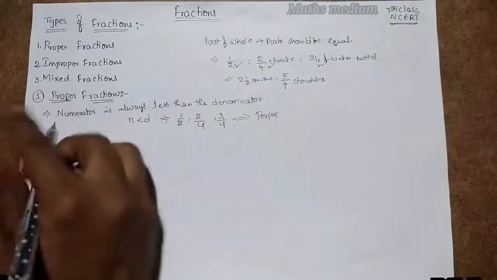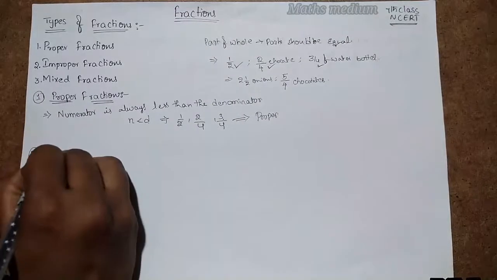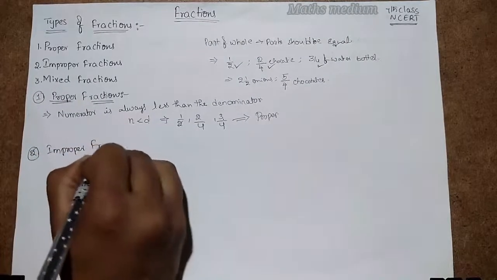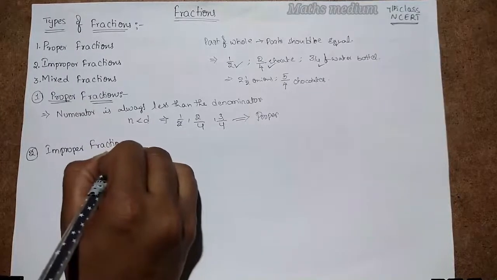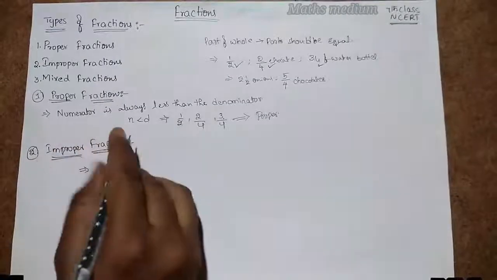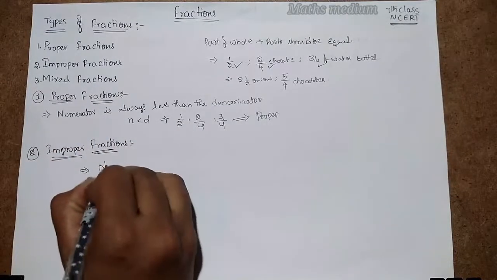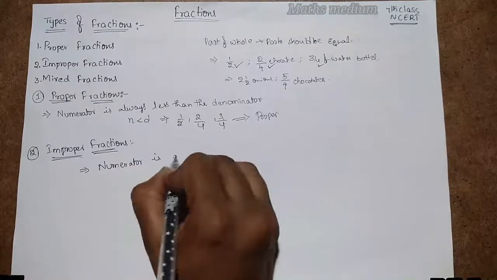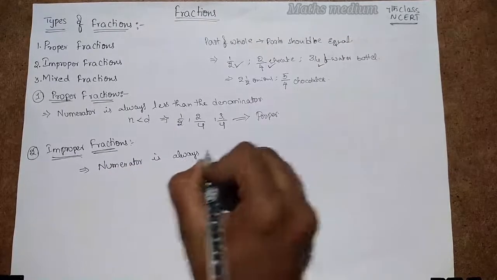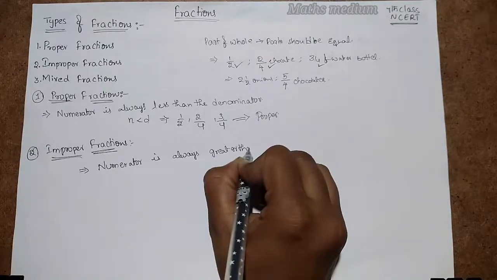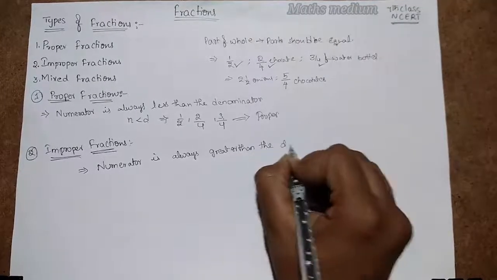So it is said to be a proper fraction. Now the second case, that is improper fractions. Improper fractions are quite opposite to proper fractions, that is, the numerator is always greater than the denominator.